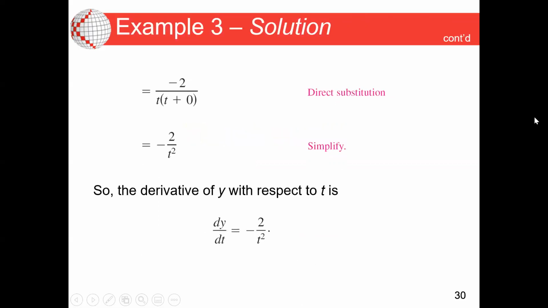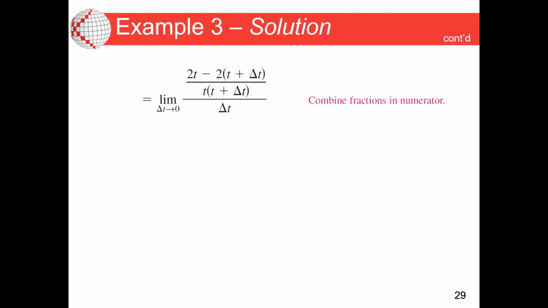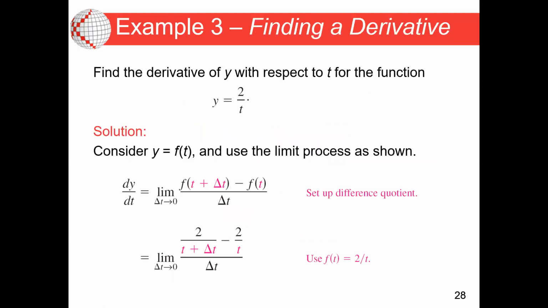Now, before we go, in our next lectures, we're going to start with the derivative formulas. If they say we should find the derivative of this equation, instead of following all this limit process and simplifying the expression, we can write it as 2t to the power -1. And this is the power rule. In the power rule, you subtract 1 from the exponent and you multiply the value of the exponent with the expression.